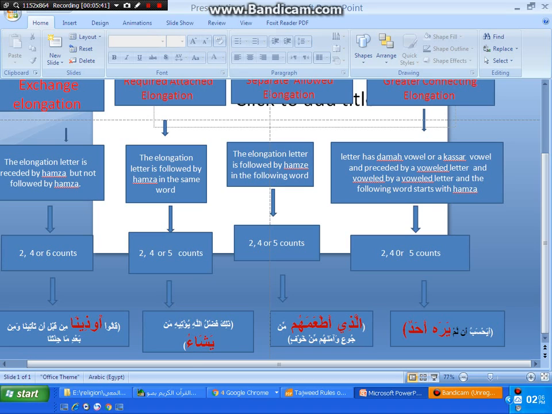So it happens between two vowel letters, and the letter after it is Hamzah. This is what we call greater connecting elongation, mad as-sila al-kubra. We can prolong it 2 or 4 or 5 harakas or counts. I think that everything here is clear.